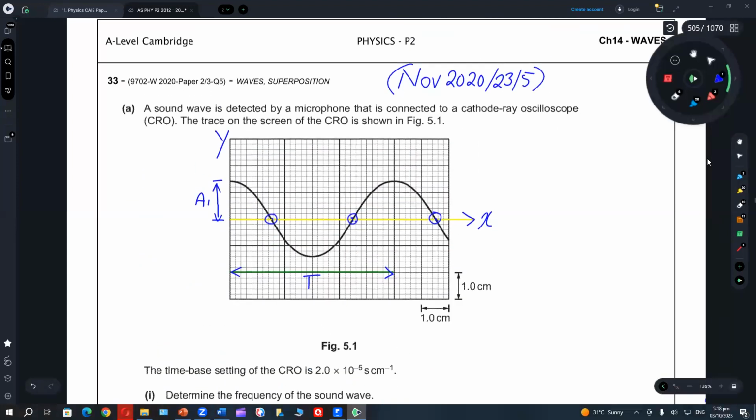So you have to draw a new trace. Look at the shape.